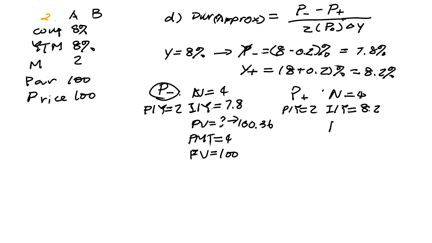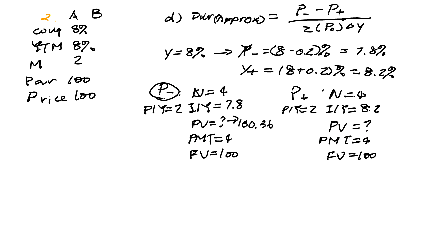PV is the question mark, and the payment is equal to 4 again. FV is 100. Writing on this is really difficult.